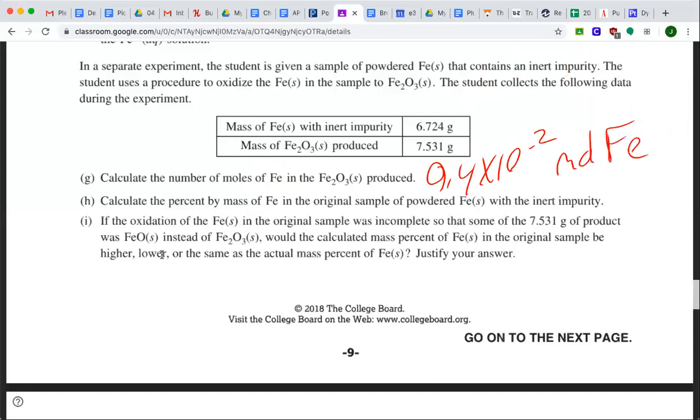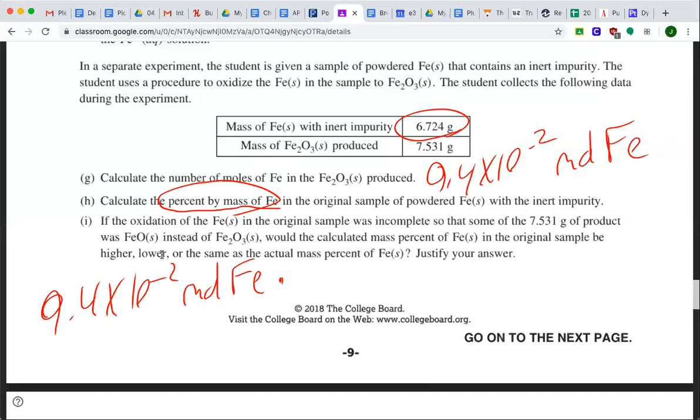Okay, and then we want the percent mass of iron, percent by mass of iron in the original sample. Okay, original sample, so that's this guy, right? So if you have that many moles of iron, what's your percent mass there? So you've got to go with 9.4 times 10 to the negative second moles of iron times 56 grams per mole of iron.